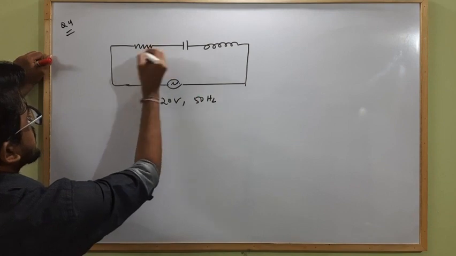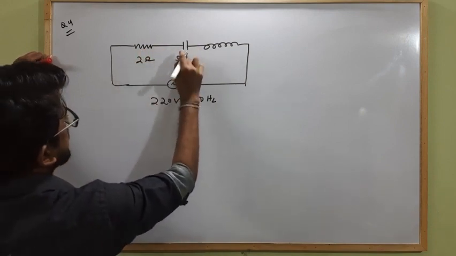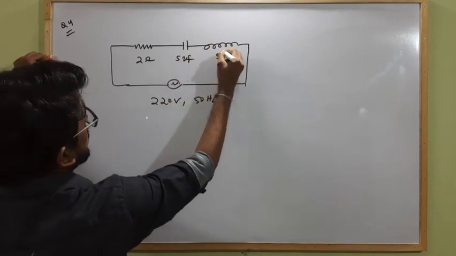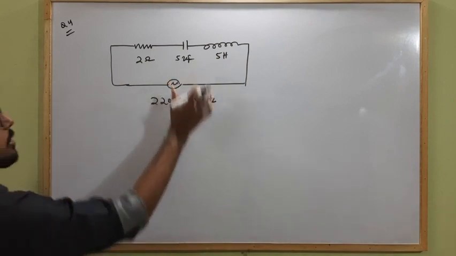The resistance is given as 2 ohm. The capacitance is 5 microfarad. Inductance is 5 Henry. Clear? So this is the given circuit.